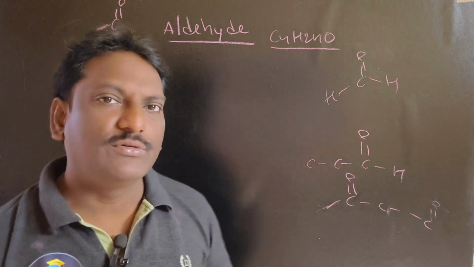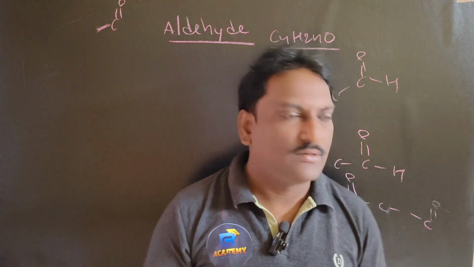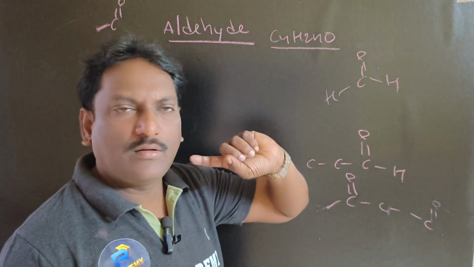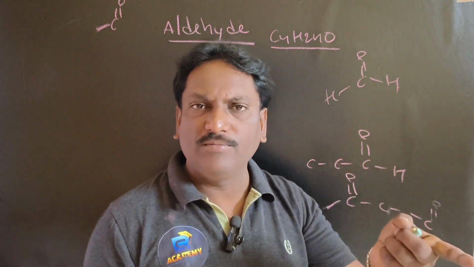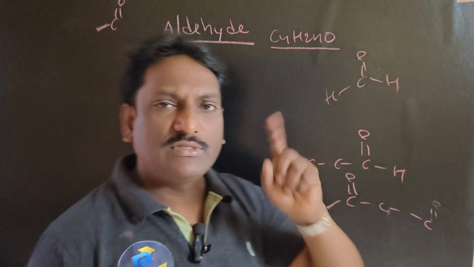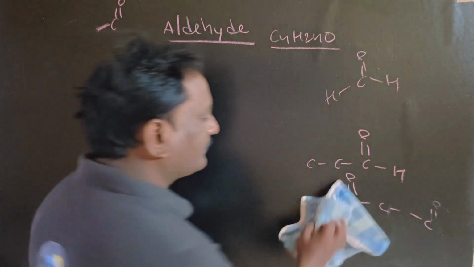In the case of ketones, the C double bond O group is present between any two carbon atoms. Please remember that. The general formulas of aldehydes and ketones remain unchanged: the same general formula CnH2nO. Please remember that. Okay, right.